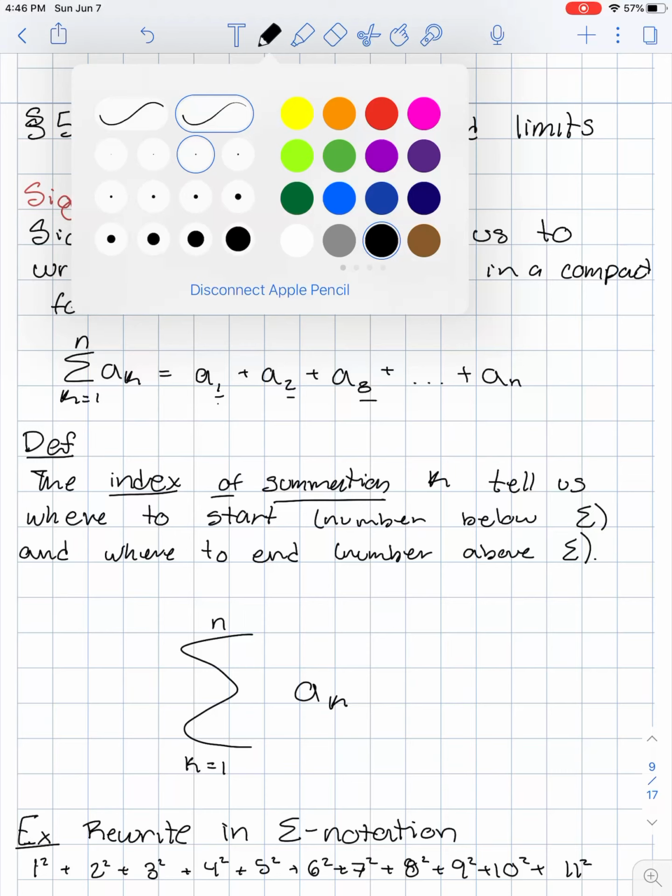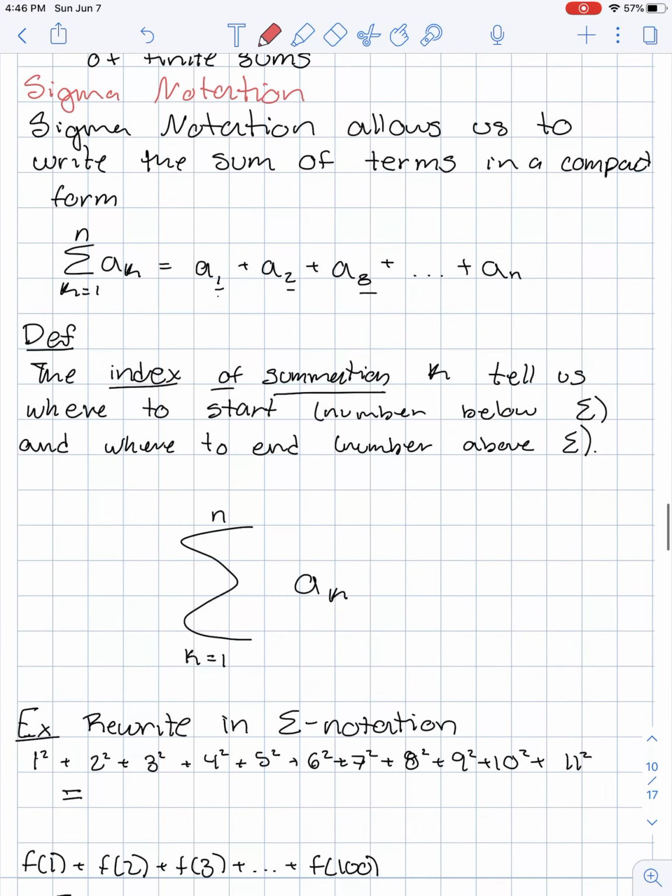So k equals 1 says the index k starts at k equals 1, and this n on the top says that the index k ends when k equals n.